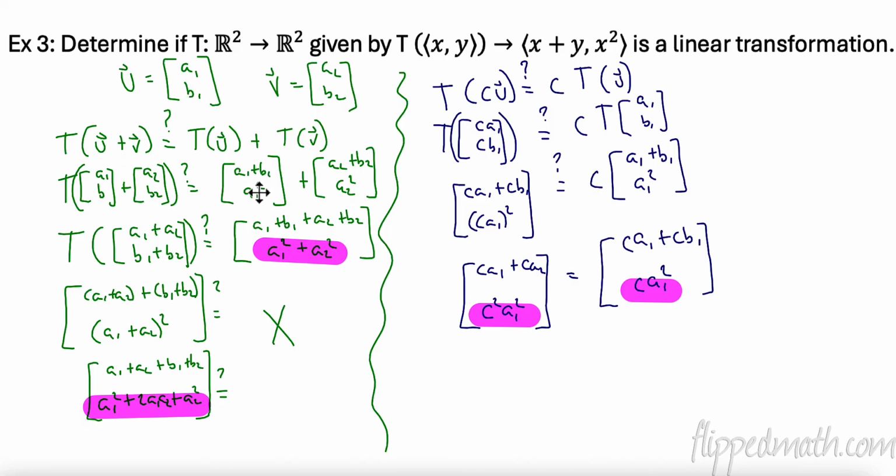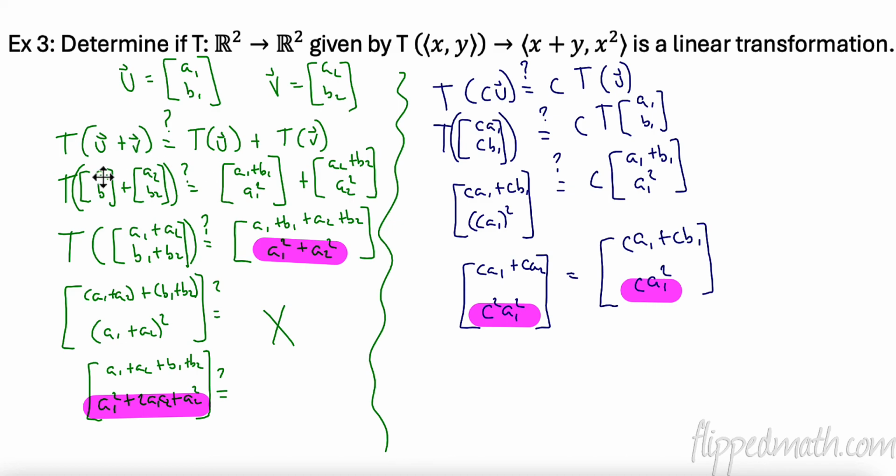Then I have on the bottom x squared, so my a1 squared. So over here I have x plus y, a2 plus b2, and then on the bottom I have a2 squared. All right, when I add those together, I have a1 plus b1 plus a2 plus b2. On the bottom I have a1 squared plus a2 squared.